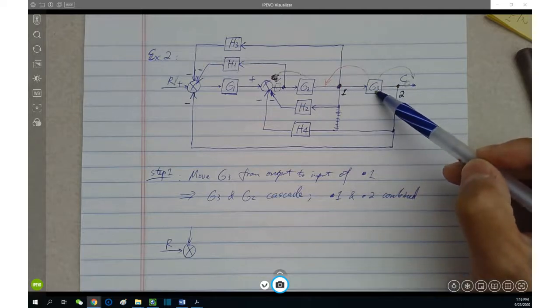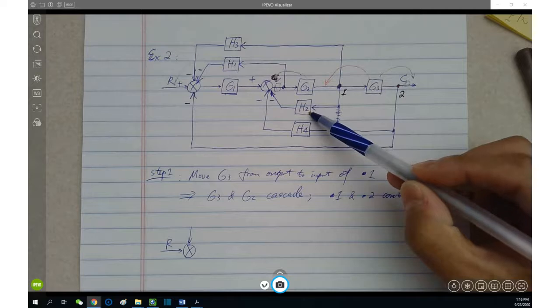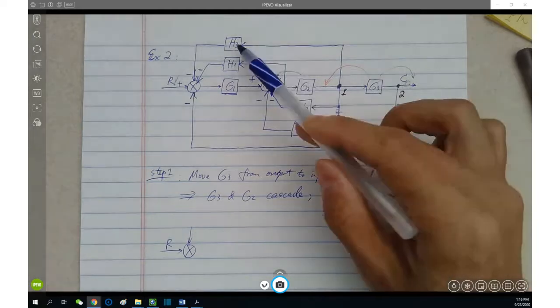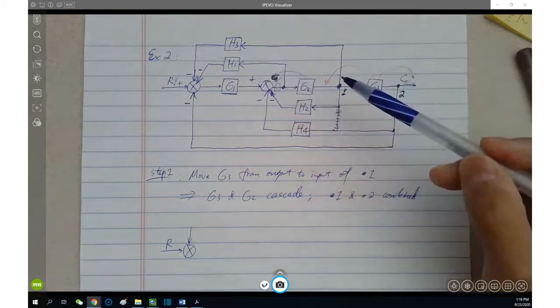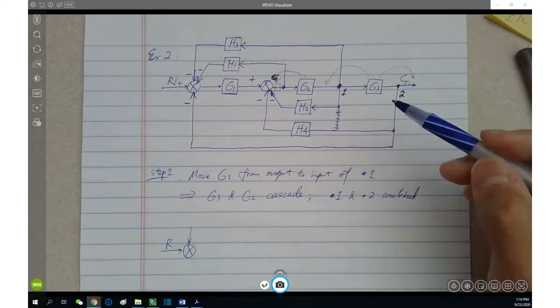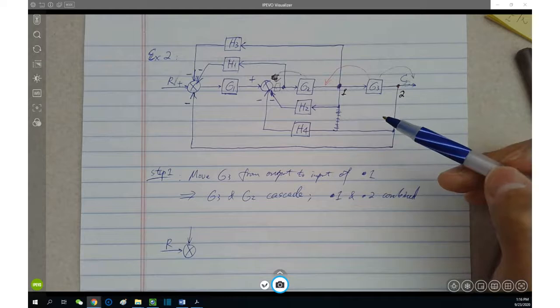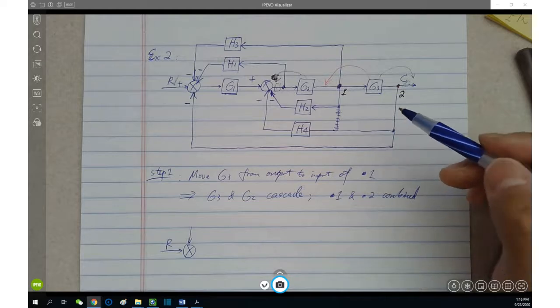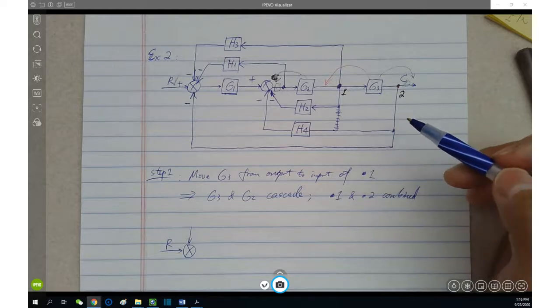Therefore, H2 is not H2 anymore, but H2 over G3. Same thing happened on H3, of course. But here, H2 is not H2 anymore. So if you directly come up with H2 plus H4, it's wrong, right? Because it's supposed to be H2 over G3 plus H4. Does it make sense?